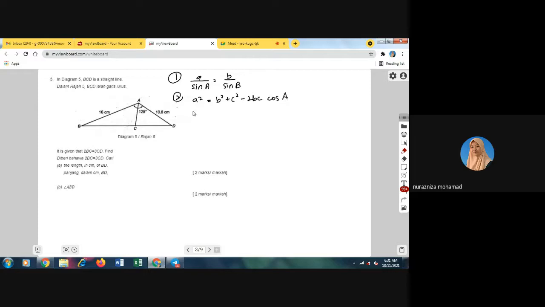And the third formula is the area of a triangle, which is 1 over 2 ab sine C, or the area of a triangle using Heron's formula.